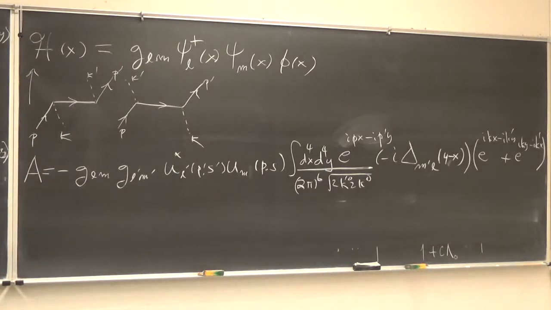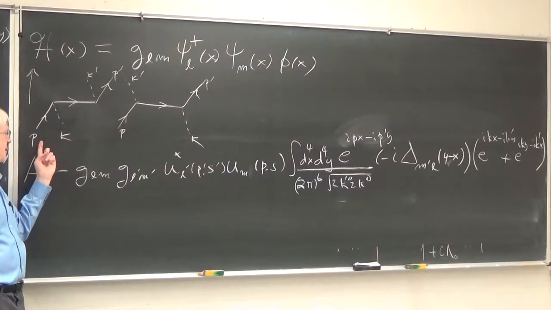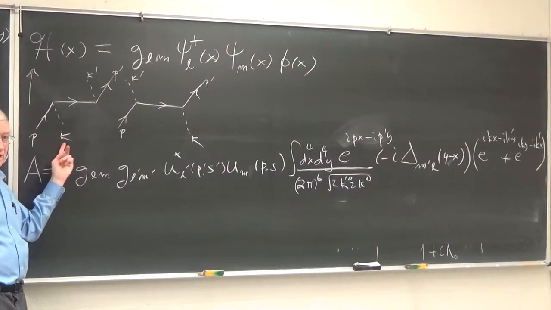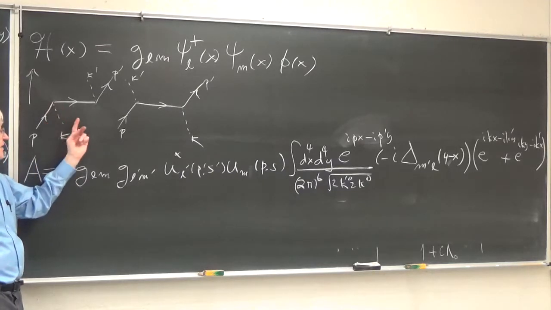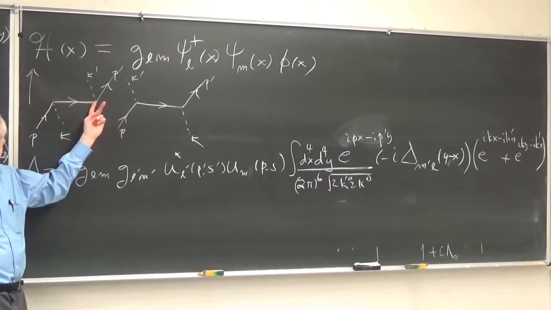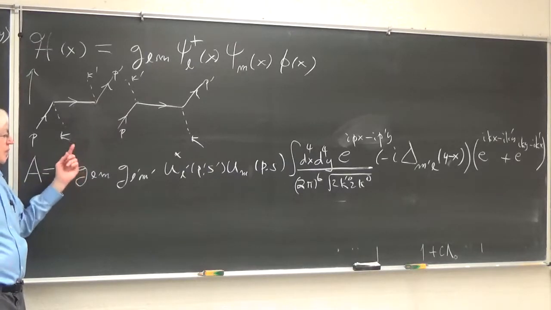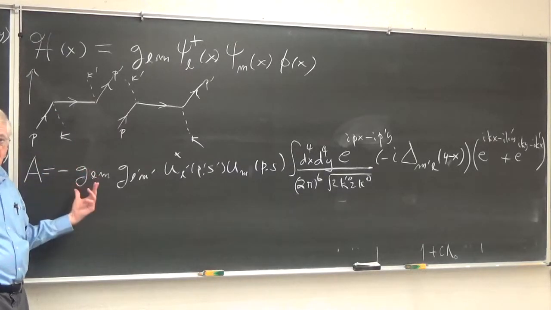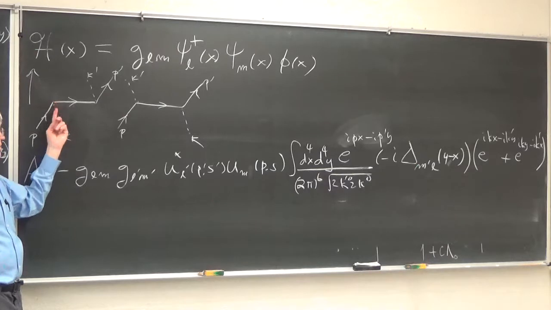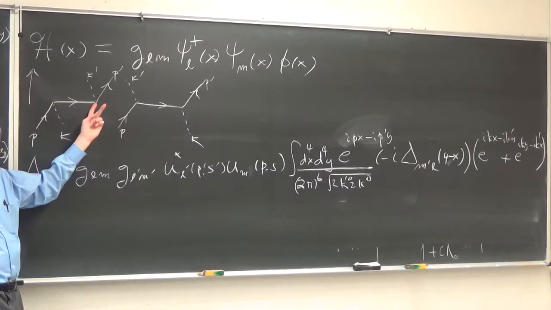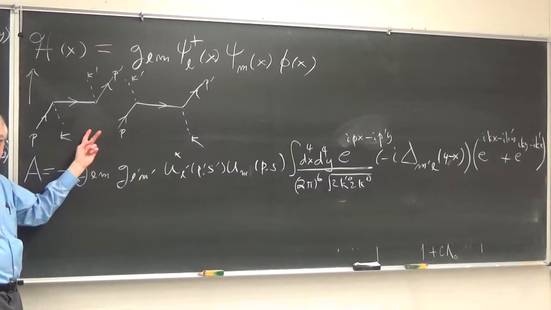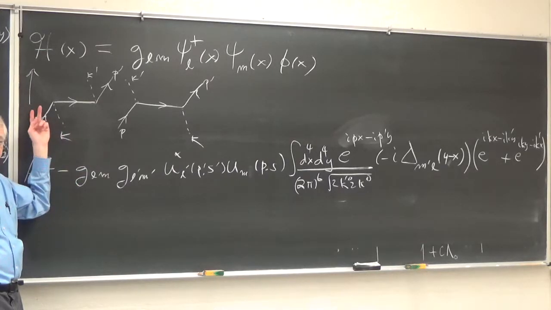And notice what's going on here. In this case, you can imagine that the two incoming particles get absorbed at one vertex in space-time and then at a later time get emitted. But we're integrating over all x and all y. So the two can be emitted before, or at an earlier time than, the incoming particles were absorbed.